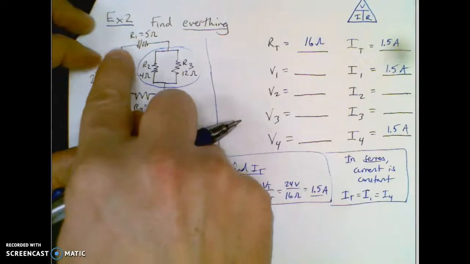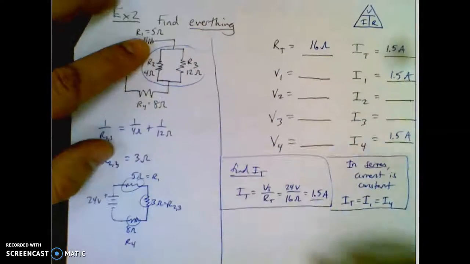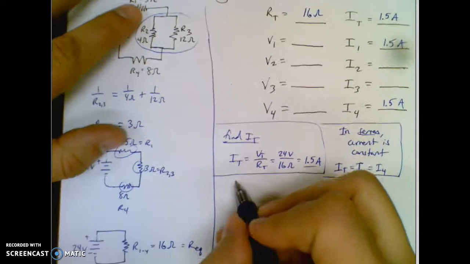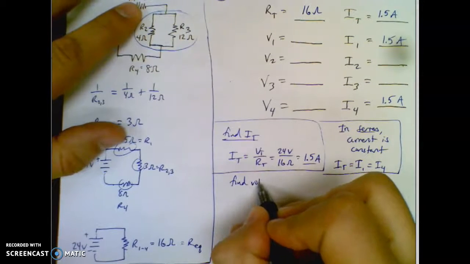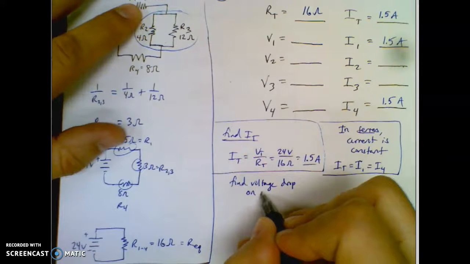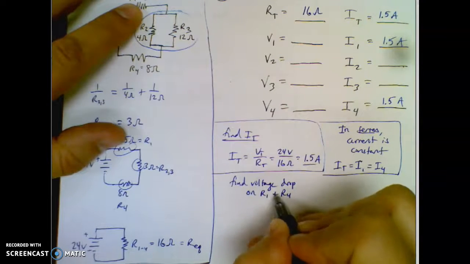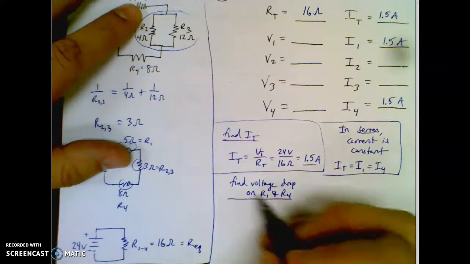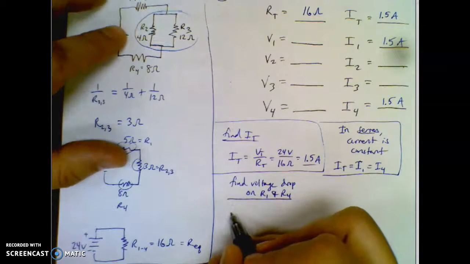So you got 24 volts coming in. How much drops off here? So we're going to find voltage drop on R1 and R4 since we know their currents.